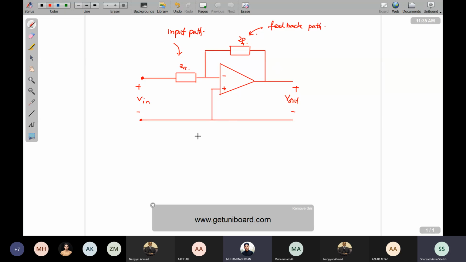Now, if you're familiar with this circuit, it implements all the proportional controllers except PID.